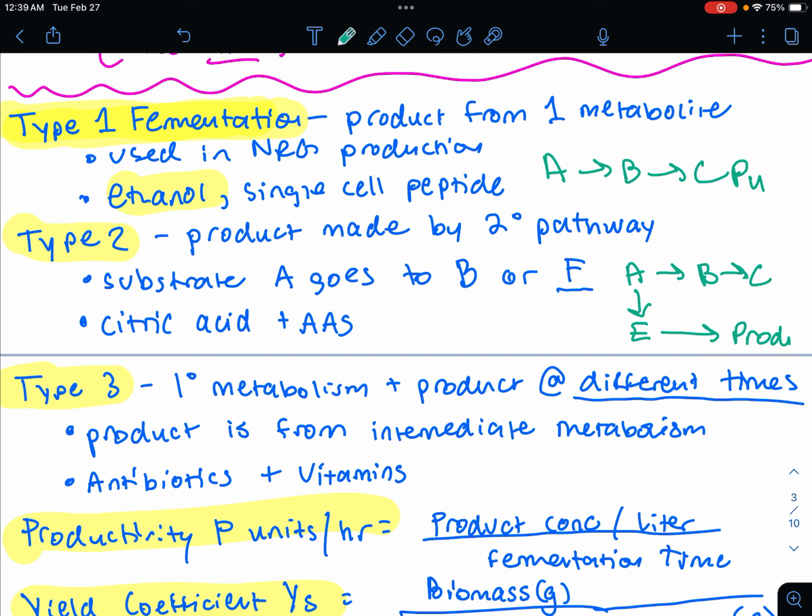So up here, the product was C in type 1. However, we could go A to B or A to E. That's like a branching point in the energy production. If A to E goes to our product, that's going to be type 2 fermentation. Examples would be citric acid and some amino acids.